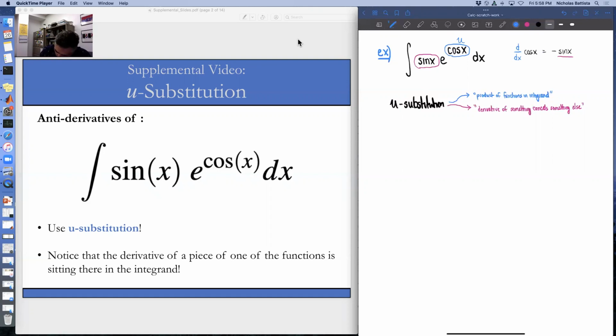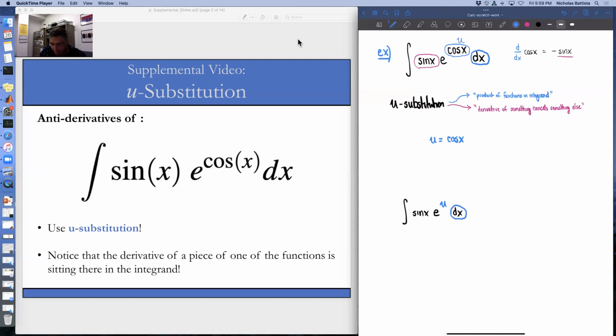All right, so if we call u cosine, we have u is equal to cosine of x. What that immediately means is that anywhere in the original integral where there's a cosine, we can change that to a u. Now, the other critically important aspect in these u-substitution problems is that we have that dx sitting there from the original integral.